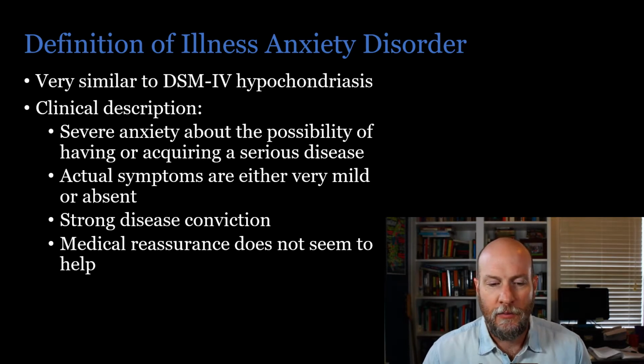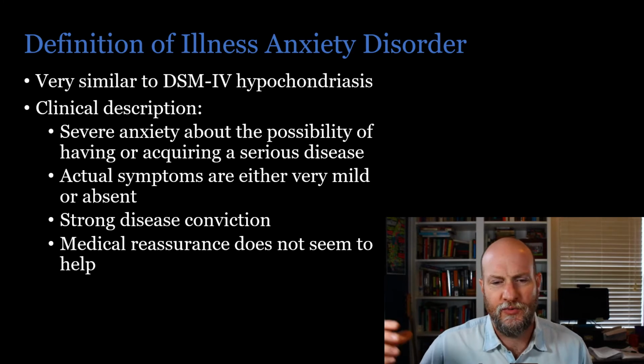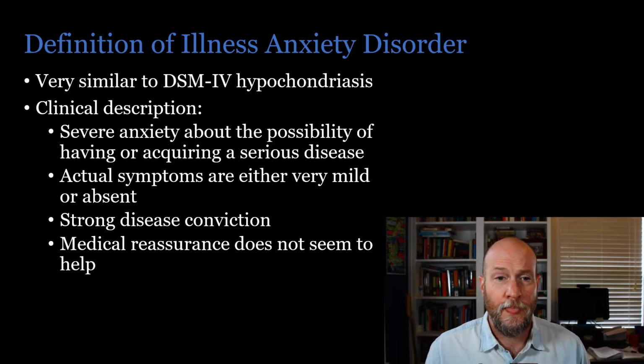So clinically, what we're talking about with illness anxiety disorder is someone who has severe anxiety about the possibility of having or acquiring a serious disease. The actual symptoms are sometimes quite mild or even just absent, right? As I said, that's an important distinction between somatic symptom disorder and illness anxiety disorder.